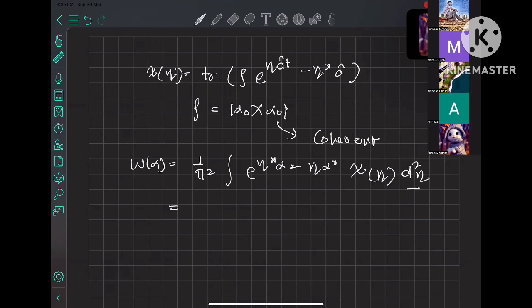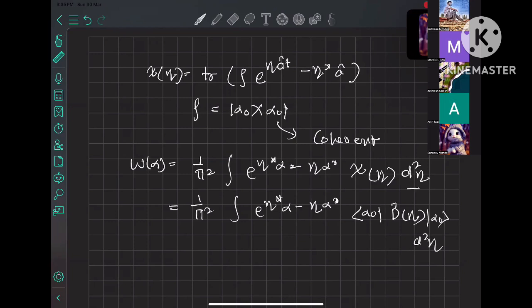Now we know some basic properties of the density operator and the characteristic function. And this way we can write this as e to the power eta star alpha minus eta alpha star, and alpha 0. This is the displacement operator D cap eta, alpha 0, d2 eta.